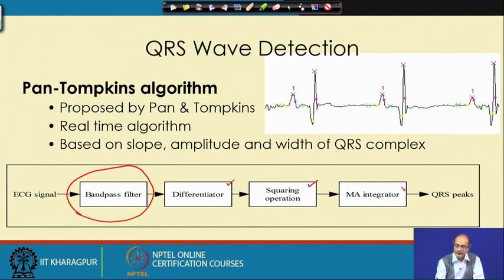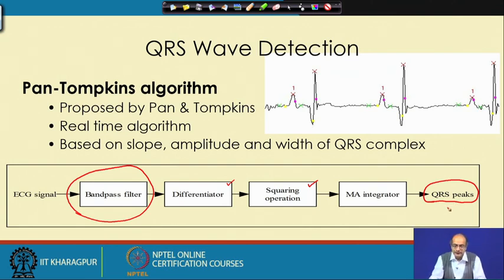That is followed by again an MA filter, because we have seen in the previous two cases that many times the output is jagged, so to smooth it out. The last part is the QRS peaks, and for finding the peaks, Pan-Tompkins has suggested an elaborate procedure.